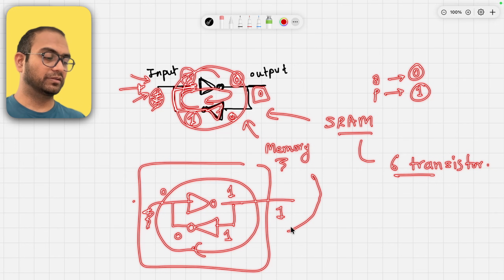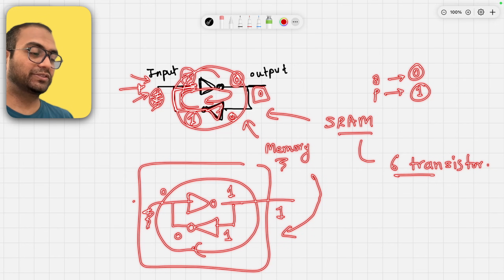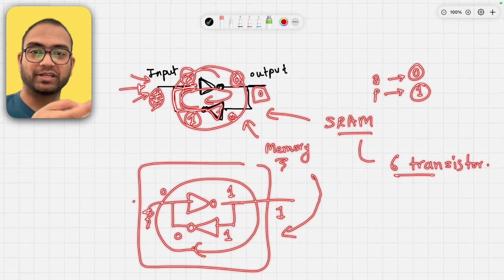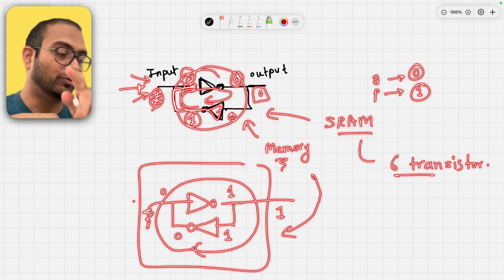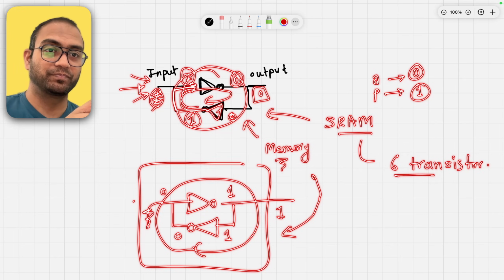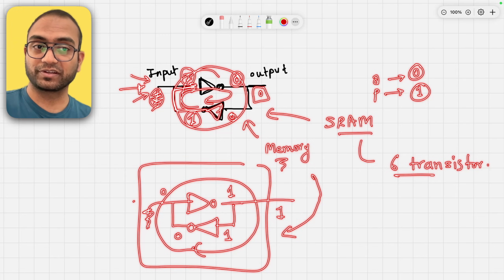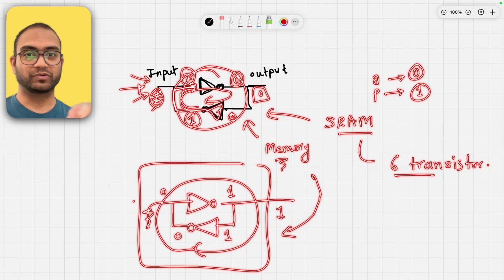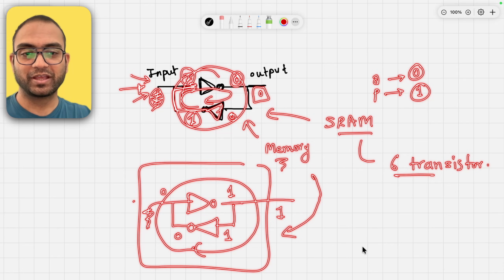Again, you can call this memory. So what we saw is just two NOT gates connected back to back in a loop. That loop is a feedback, and the feedback results in the circuit remembering what the input was and what the output has to be. That is the notion of memory.